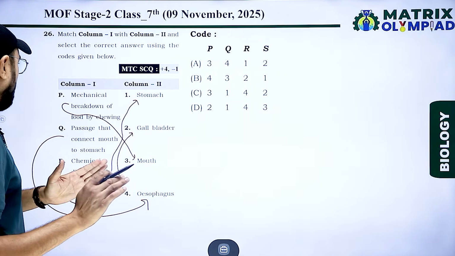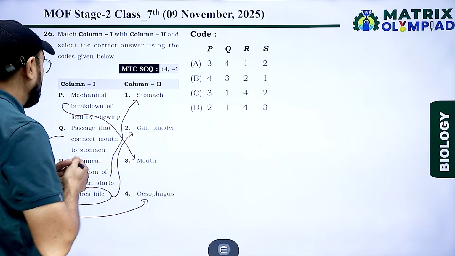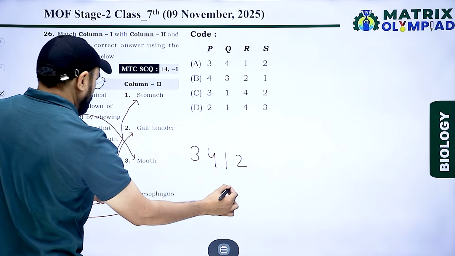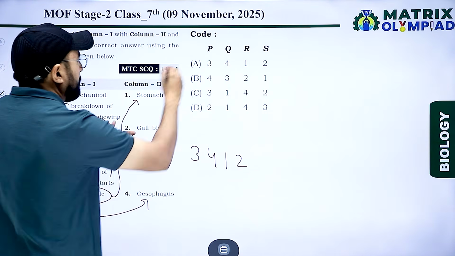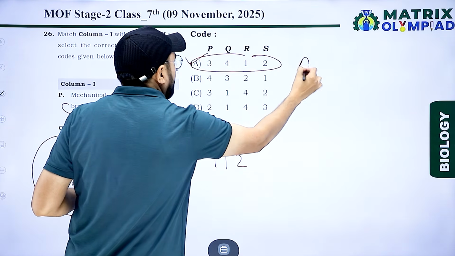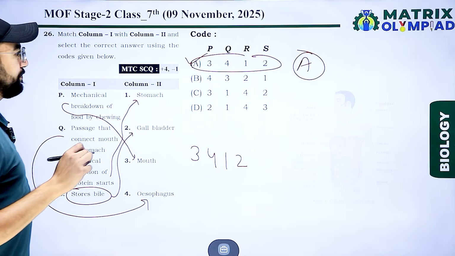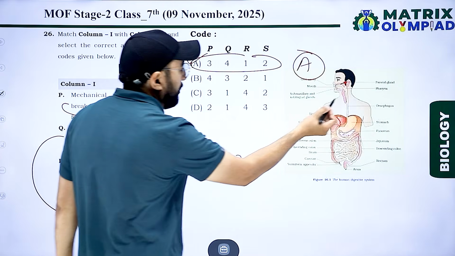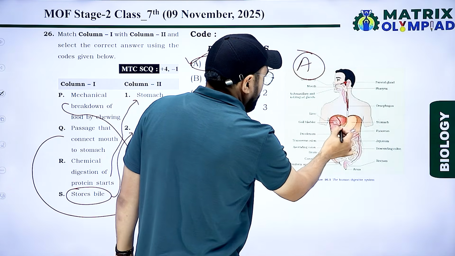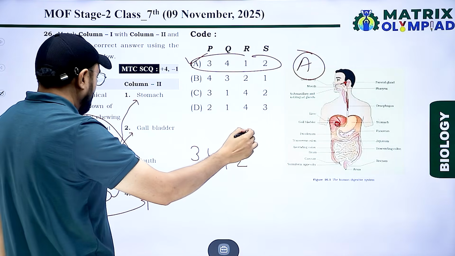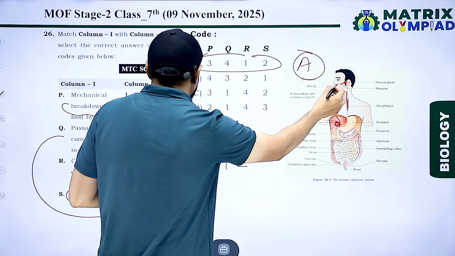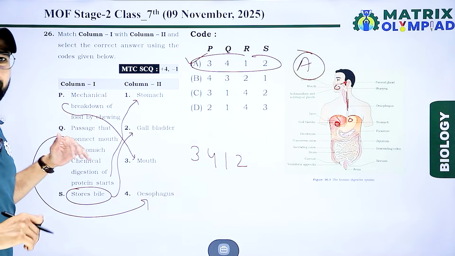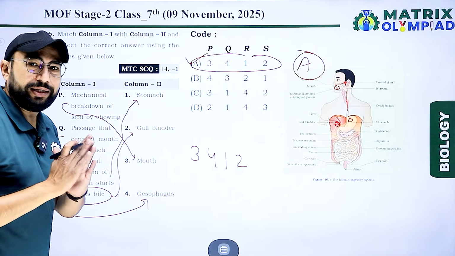So, according to matching, our right answer is 3, 4, 1, 2 in option A. Option A is right for this question. Food pipe, gallbladder, mouth and stomach. According to matching, our right answer is option A.